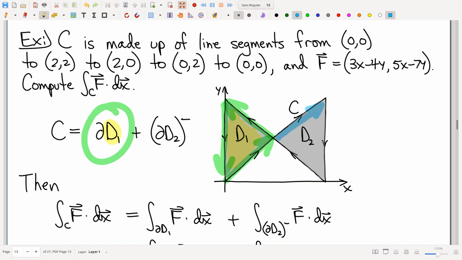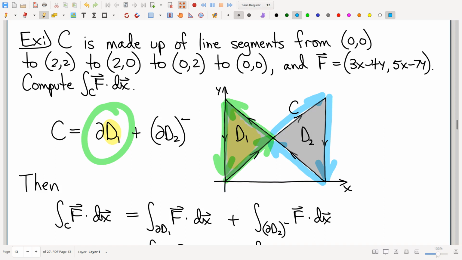Oh gosh, I wanted that to be out here, sorry. The other part of C, green plus blue together makes C, right? But notice this is not a boundary. This is going the wrong way. It's going clockwise. Not a boundary.